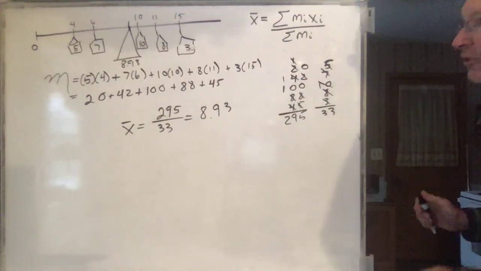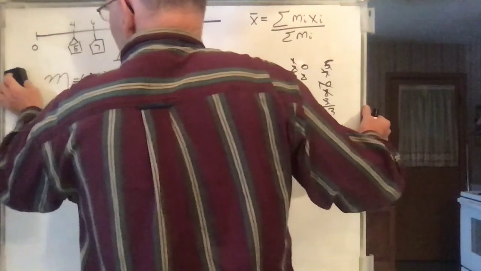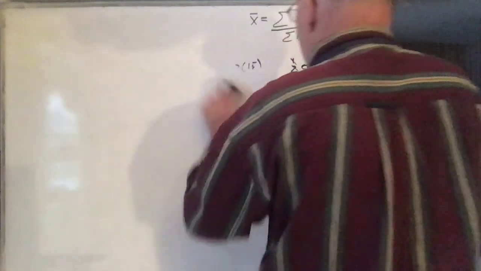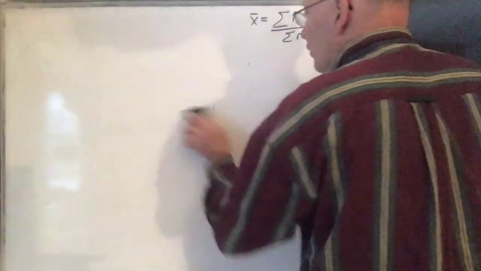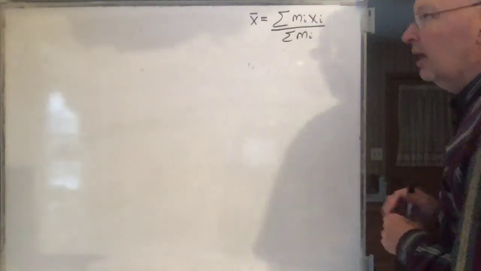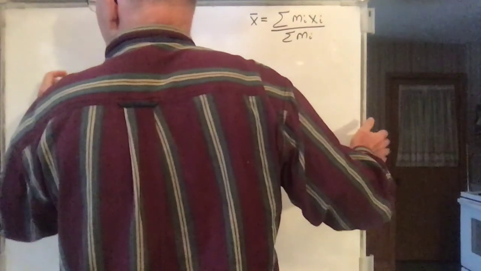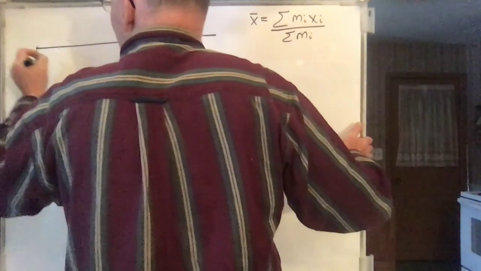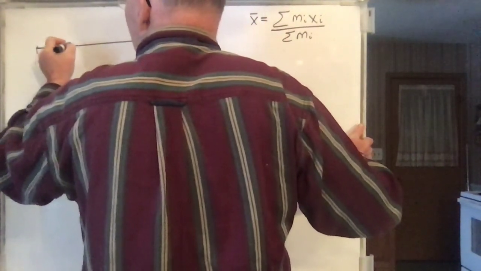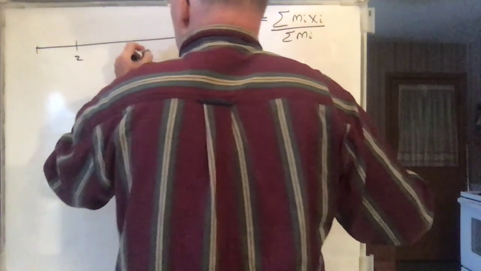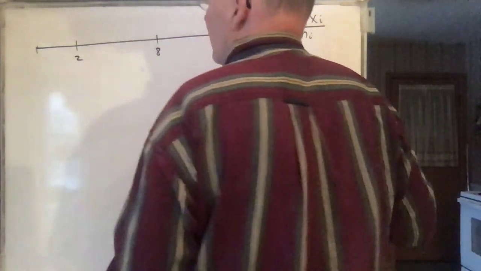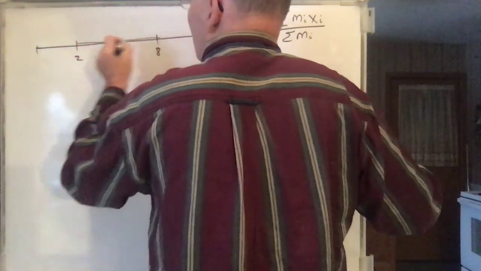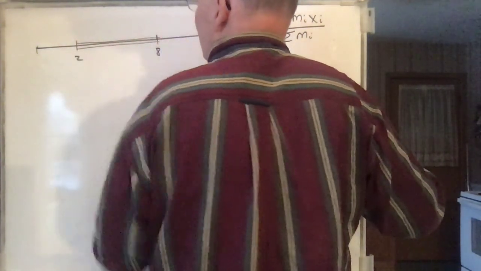So, as you might expect by this time, that's the kind of thing that you can do without calculus. But what happens if we have the x-axis again, and let's say from 2 to 8, we've got ourselves a rod.